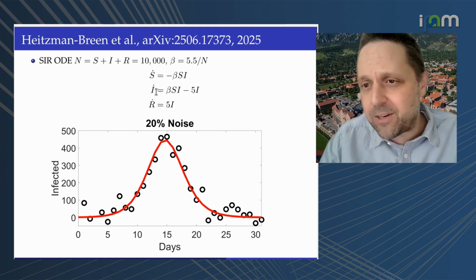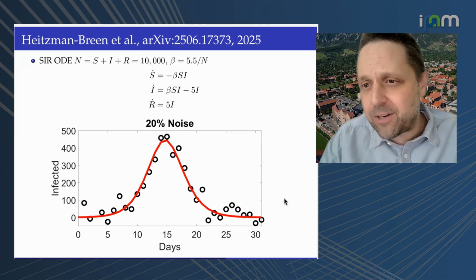The past few years have taught us this pretty well. So the idea is, of course, what if you can only measure the number of people in the hospital? Or you don't really get susceptible or recovered. And so the idea is to use some differential algebra techniques to collapse this to a single differential equation just in I. And it turns out you can still do your parameter estimation.